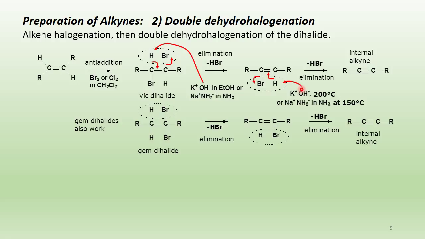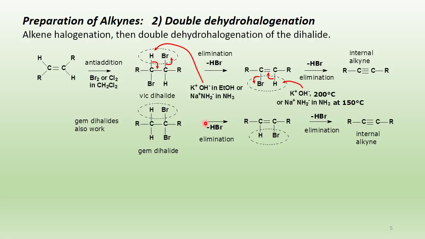Recall that these reactions are concerted reactions, meaning that all three electron transfers in the elimination reaction occur simultaneously. If you used a stronger base than KOH, like sodium amide, the temperature can be reduced, but not a lot. It's still 150 degrees C for the second dehydrohalogenation.